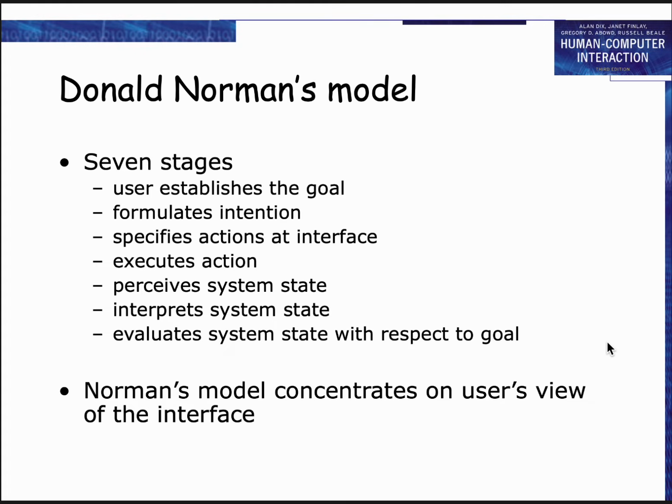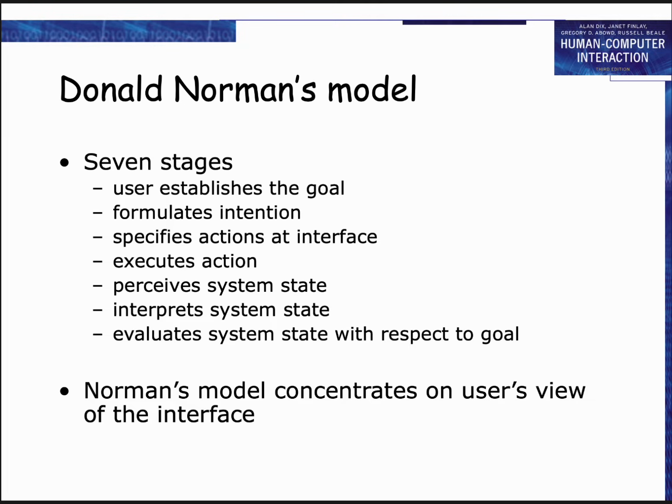Okay? Now let's go to Donald Norman's model. So basically, Norman's model of interaction is the most influential in human-computer interaction. This is because of its closeness to our intuitive understanding of interaction between human, user, and computer.